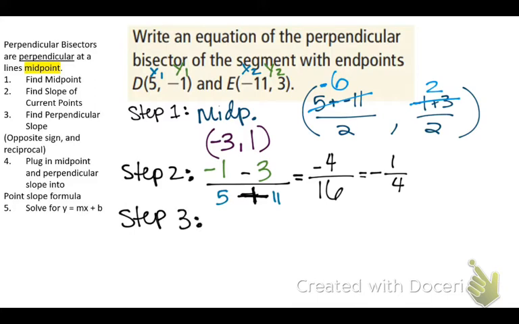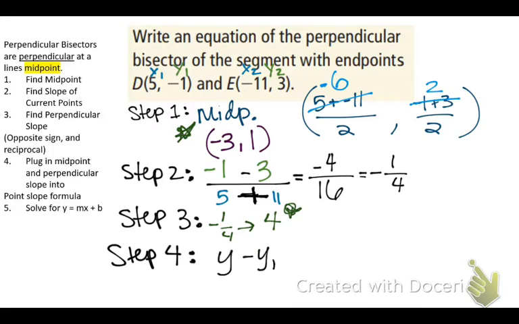Step 3 would be find the perpendicular slope. What is perpendicular to negative 1/4? 4, yeah. So opposite sign would be positive, and then flip it would be 4. So we're going to use 4, and we'll use our midpoint from the first step. All right, so what is the y from my midpoint?